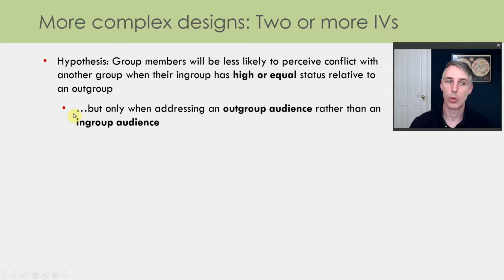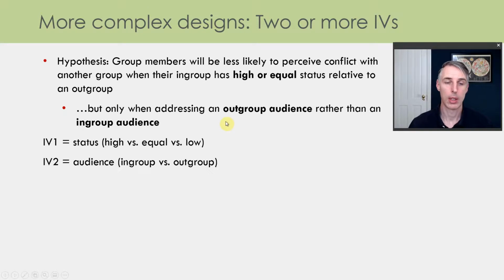And again, though, we have this caveat here, or this contingency effect. This will only be the case when addressing, as we just saw, an out-group audience condition rather than an in-group audience. So here again, we have 2 independent variables, status and audience.